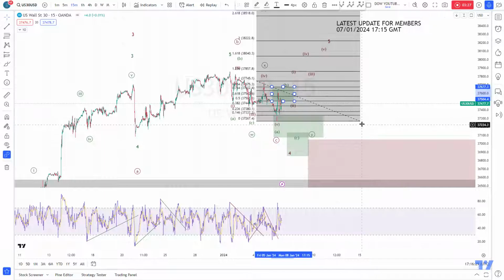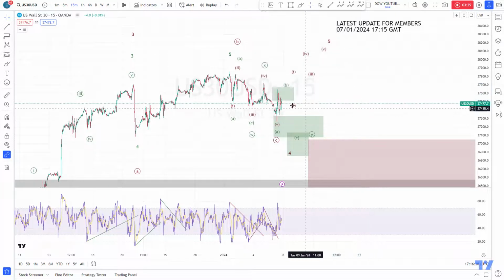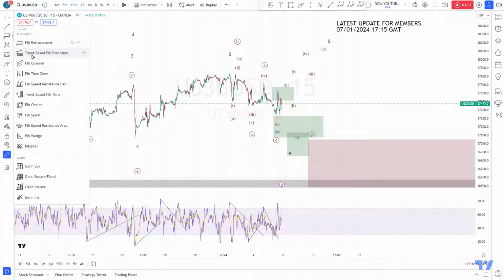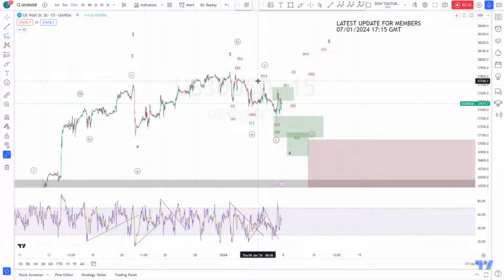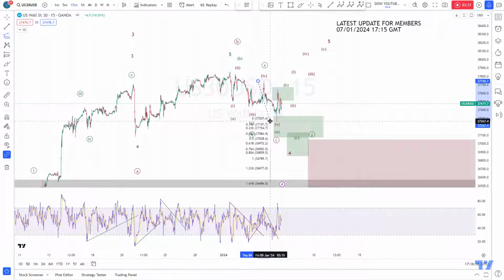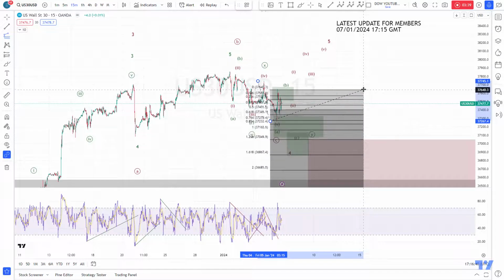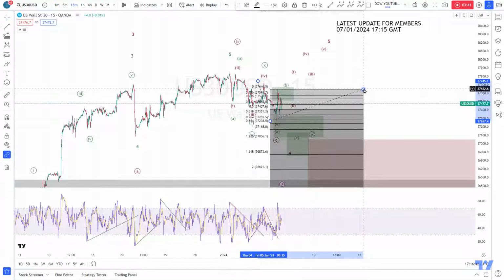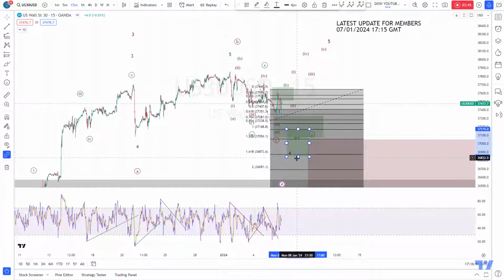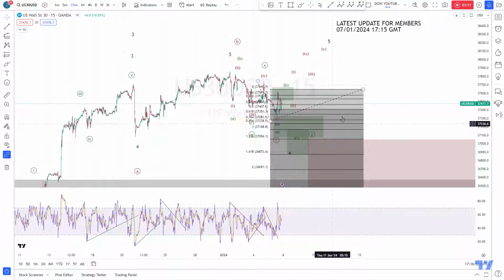So we went into this area, so we can have our wave B right here. Then if we take the length of the wave A, the length of the wave B, then here this area, the area between the 1 and the 1.618 Fib extension, is the area where our wave C can end.